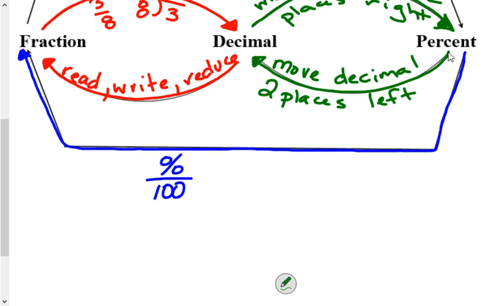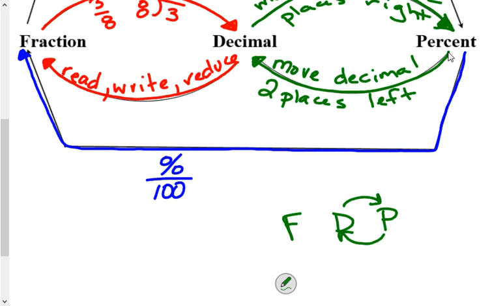Now, you're going to say, ooh, it's going to be hard to know which way to move it. Well, for one thing, just thinking about it and the values and thinking about what makes sense will help you. But also, think about looking at this chart and kind of picture it in your head. I call it the FDP chart, F for fraction, D for decimal, P for percent. To go from a decimal to a percent, you're always going to the right. Percent to decimal is always to the left. So that's a way you can remember. And it's always 2 places.